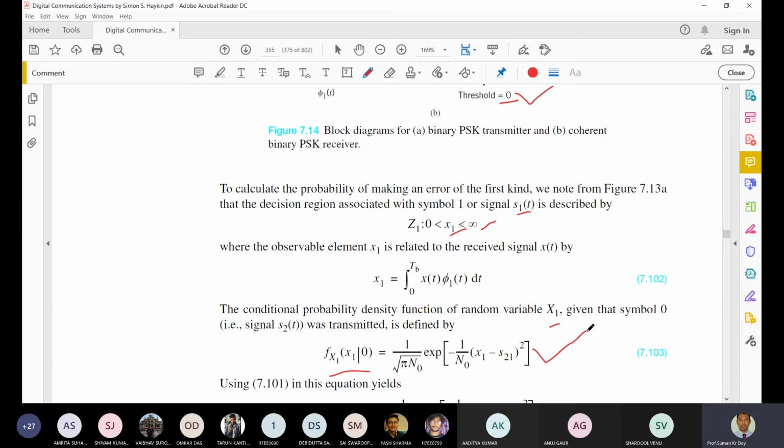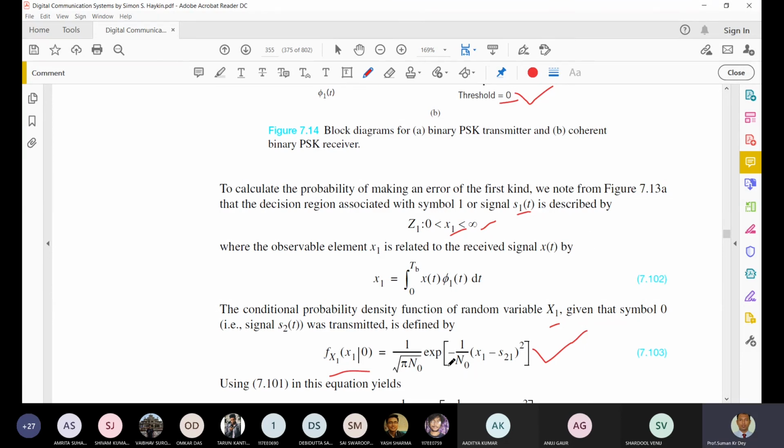So basically this expression is coming from the statistical characteristics of the correlator outputs. So from there we are getting that expression. Okay.